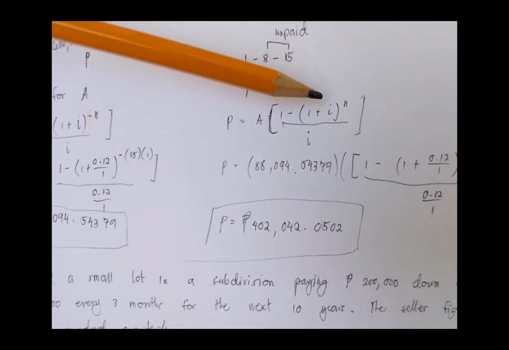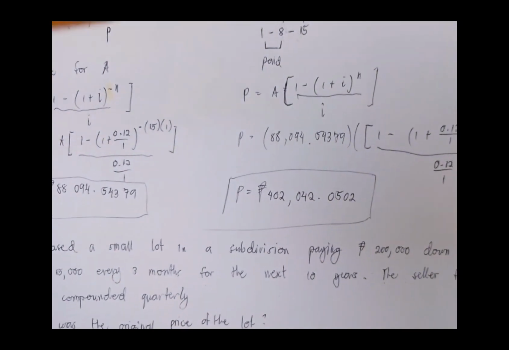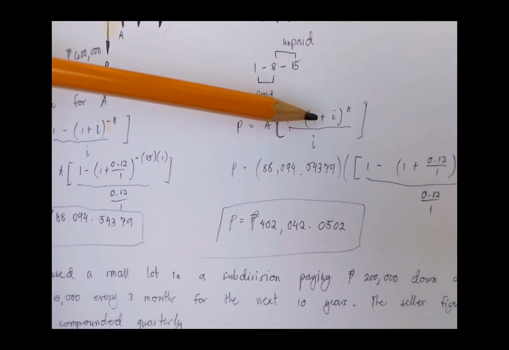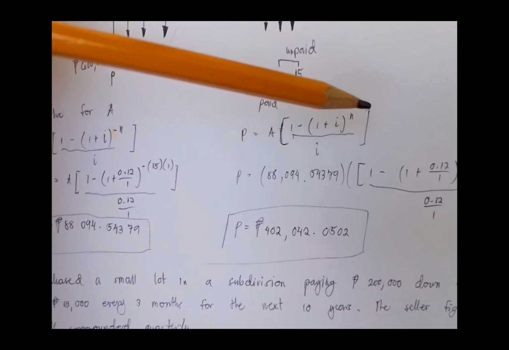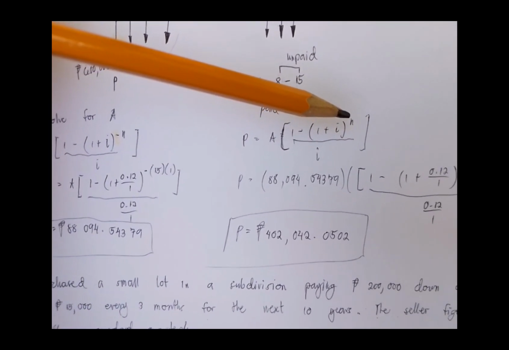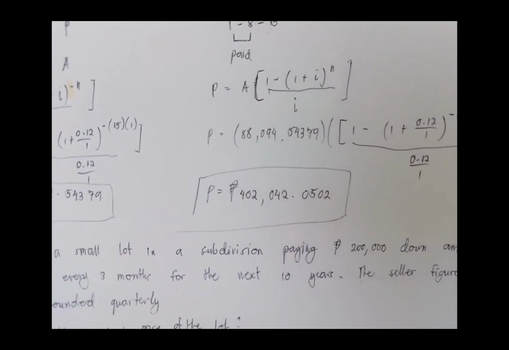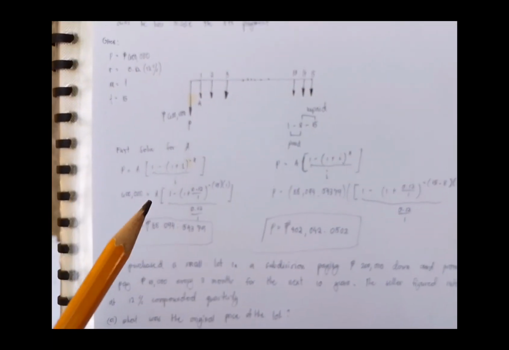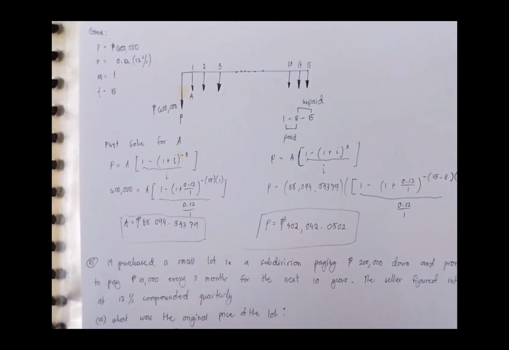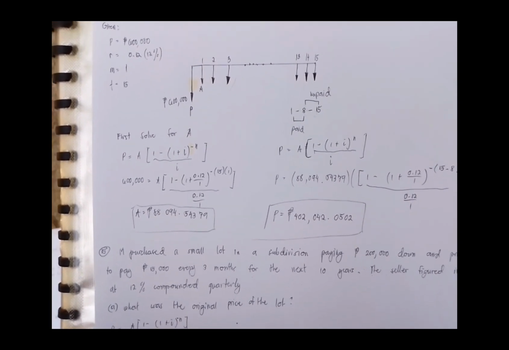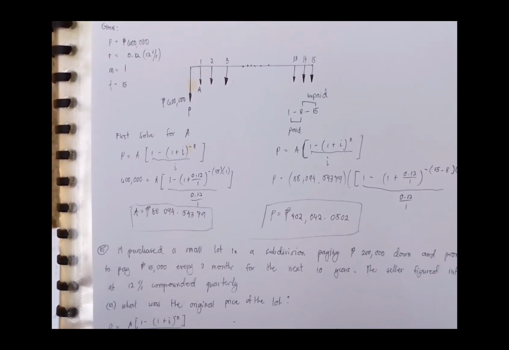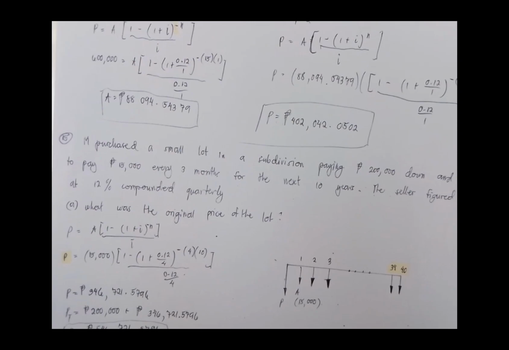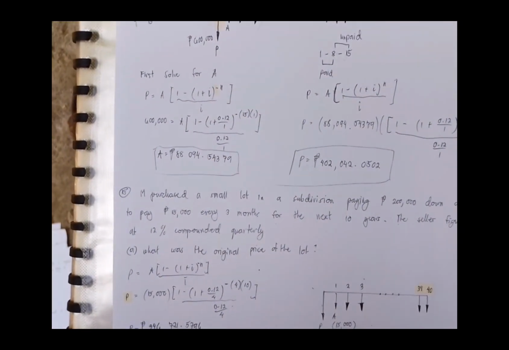I'm sorry, I forgot to put the negative here. Anyway, let's proceed. So our left unpaid value, for the 9th to 15th terms, is 402,042.0502. That is our unpaid balance after seven annual payments.